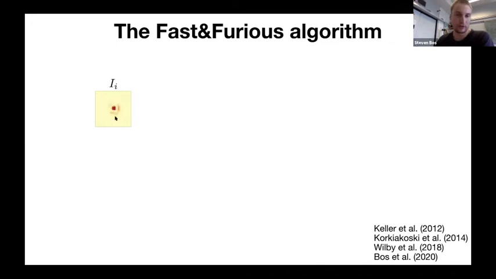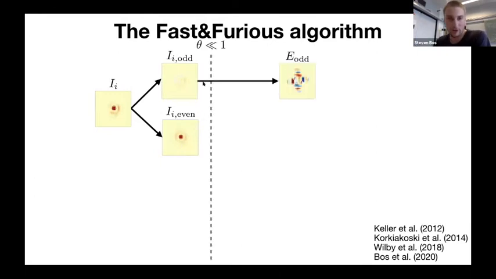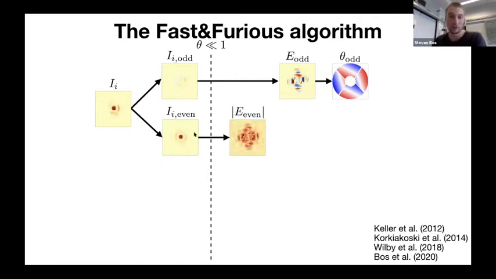So we start with a PSF, which is distorted, and we first split it into its odd and even components. With some simple math, we can turn the odd component into an estimate of the odd electric field, and therefore an estimate of the odd wavefront. The even part is a little bit harder because with one image we can only estimate the absolute value of the electric field.